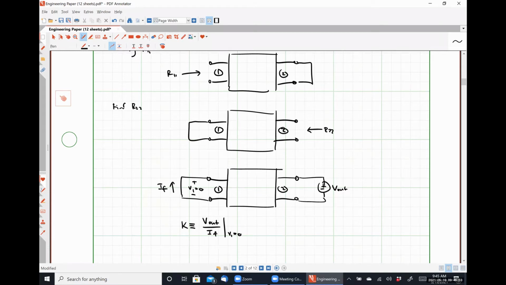So we can see something actually pretty interesting right now before we even move forward. Typically speaking, this feedback network here in the middle is just some combination of resistances and all that kind of stuff, right? That's all we've been dealing with. So what does it mean if V out has this polarity and IF has this direction? We're always going to have a negative feedback factor.